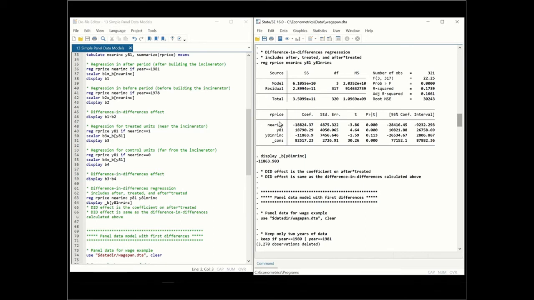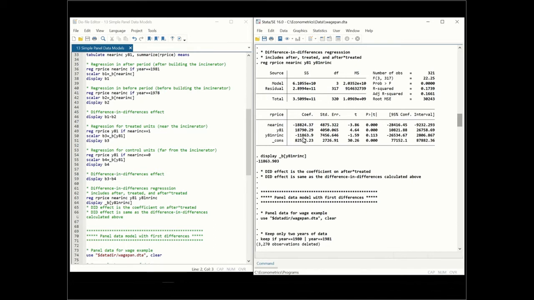Here's the house price regressed on the treated dummy variable, the before and after, and then the interaction term between the two. And so these coefficients here are showing, again, the comparison between near and far the incinerator and the first and second period.